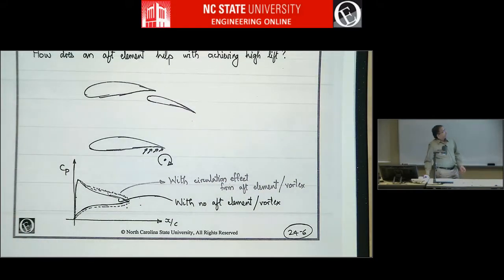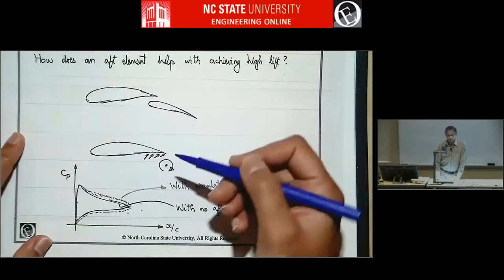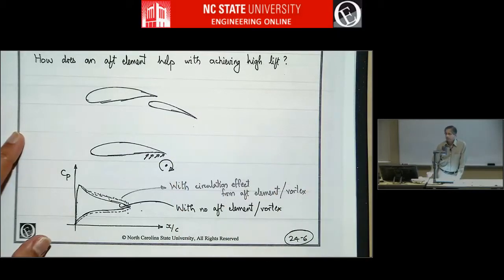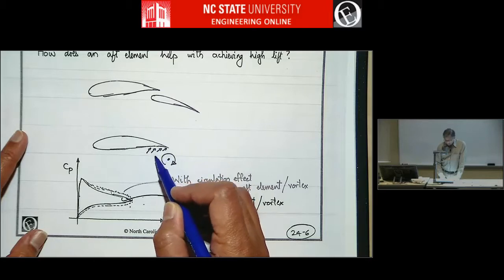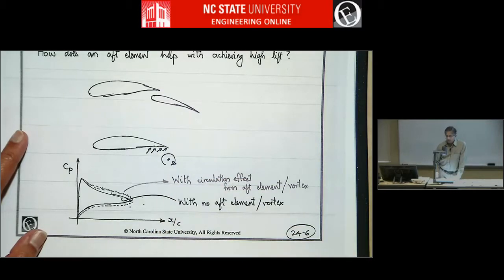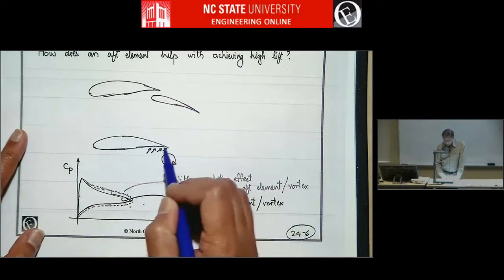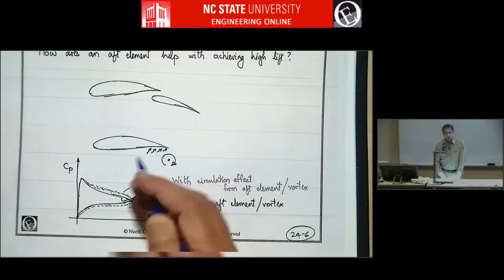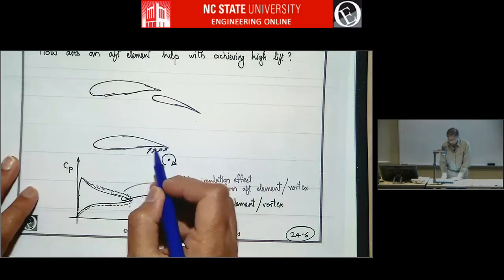Same kind of mental picture to help conceptualize why this flap helps. This flap is also a lifting airfoil, so we can replace it with a vortex for aerodynamic purposes, just for thinking about how this works. And this vortex causes some sort of an upwash here. When you consider the aerodynamics on this airfoil, if there is an upwash, when you enforce zero normal flow through the airfoil, this part will get more heavily loaded.